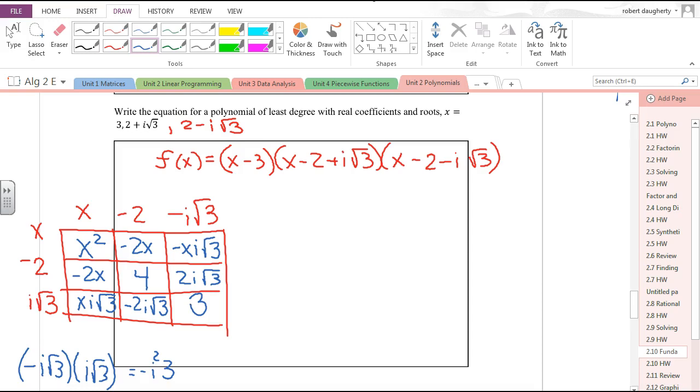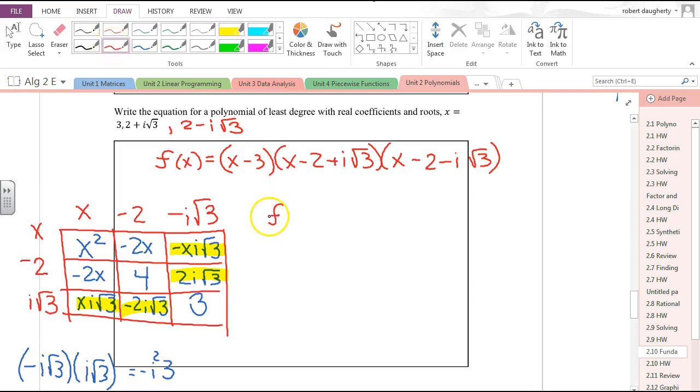So let's pull all this together. Now, if you've done this right, what should go away? Negative x i root 3 should cancel with x i root 3. 2i root 3 should cancel with negative 2i root 3. Every square root, every complex should go away. That was the whole purpose of doing that. So now what have I got?